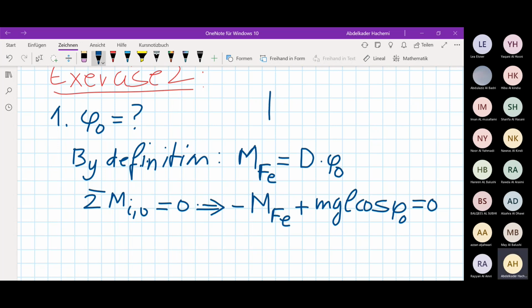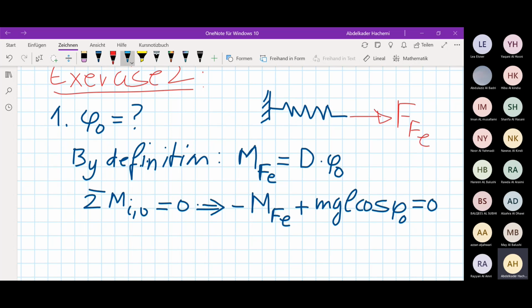If you have such a spring, fixed somewhere here, and you have the force here, F, I always call it F_FA.